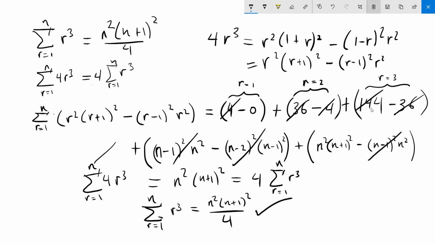Right, so let's try a slightly more difficult example, and then we'll call it a day for the subject. So we are going to want to find the sum of, let's see, let's do a good one.